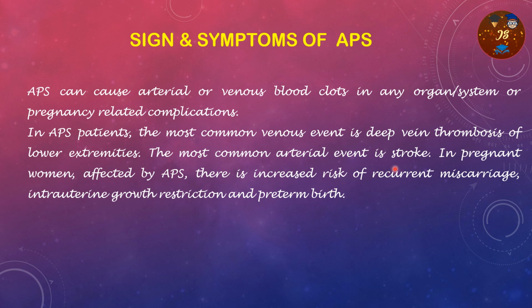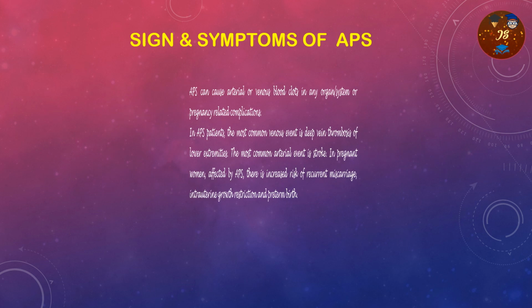If it causes a problem in the vein, it will cause deep vein thrombosis in the lower extremities, that means the main veins present in our lower extremities, like the femoral vein. And if it goes for an arterial problem, it can cause stroke. In pregnant women affected by APS, there is increased risk of recurrent miscarriage, intrauterine growth restriction and preterm birth. These are the complications caused by APS.